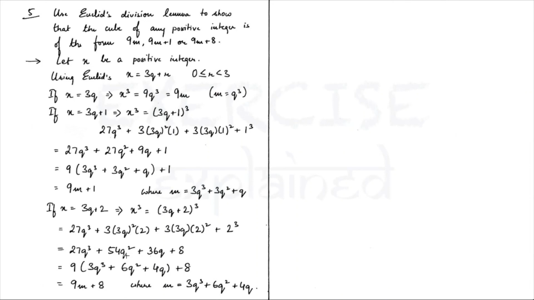So out of the first three terms we take 9 common, and what we get is 9 into (3q cube plus 6q square plus 4q) plus 8. Now this entire thing is m, so 9m plus 8, where m is 3q cube plus 6q square plus 4q.